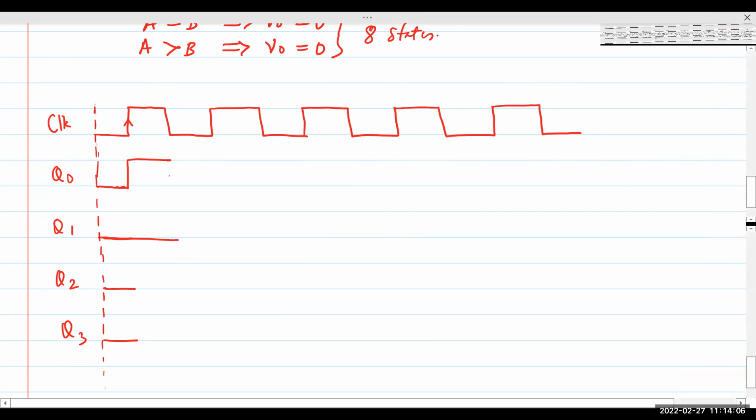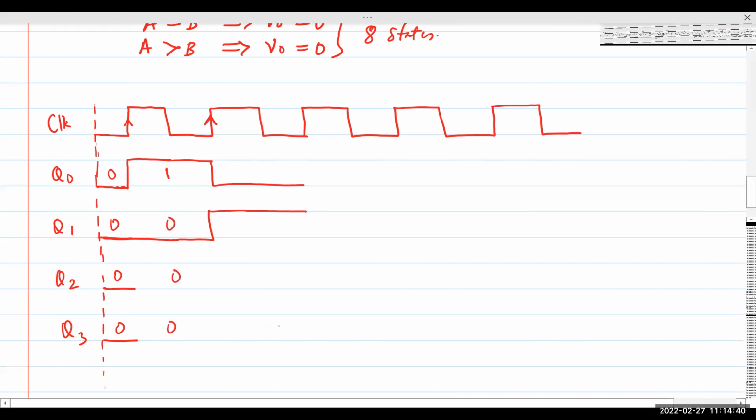And then for the next positive edge, which is right there, it becomes 0, right? So it is 0, 0, 0, 0. Now it becomes 0, 0, 0, 1.